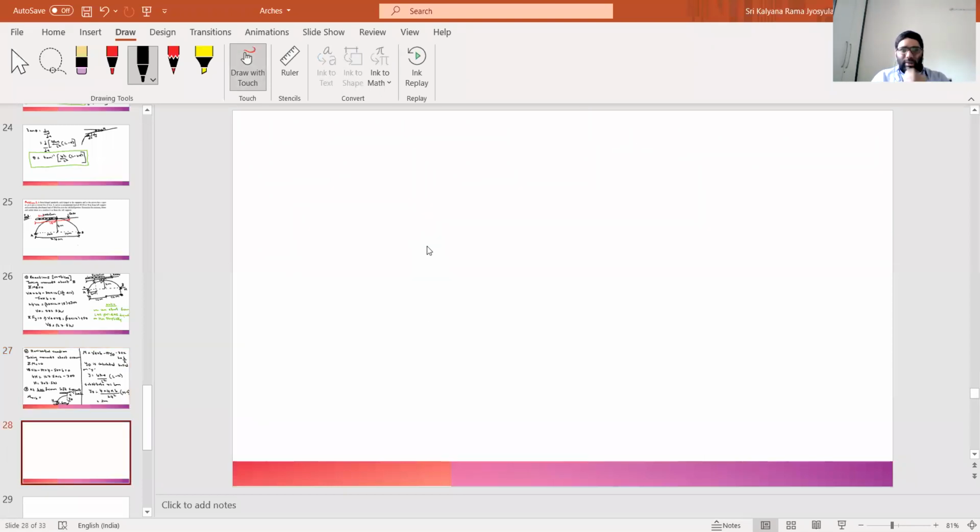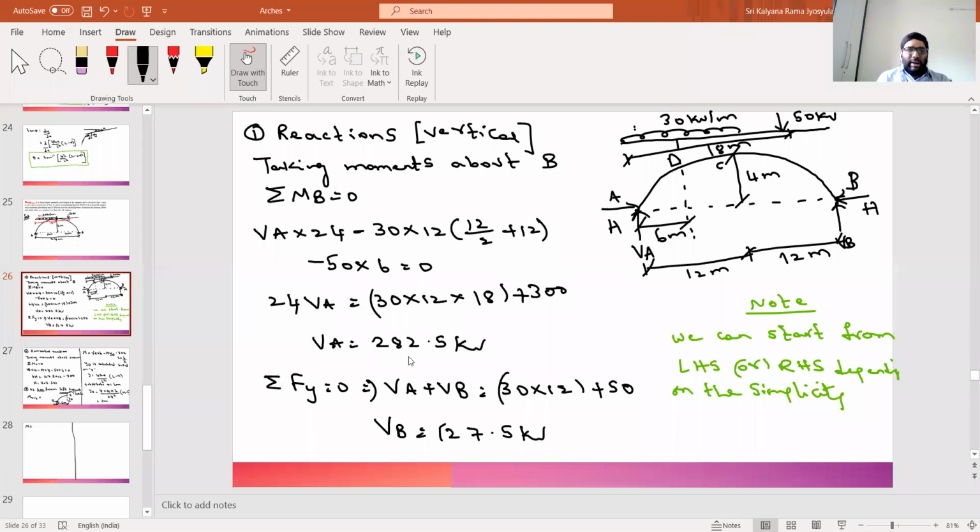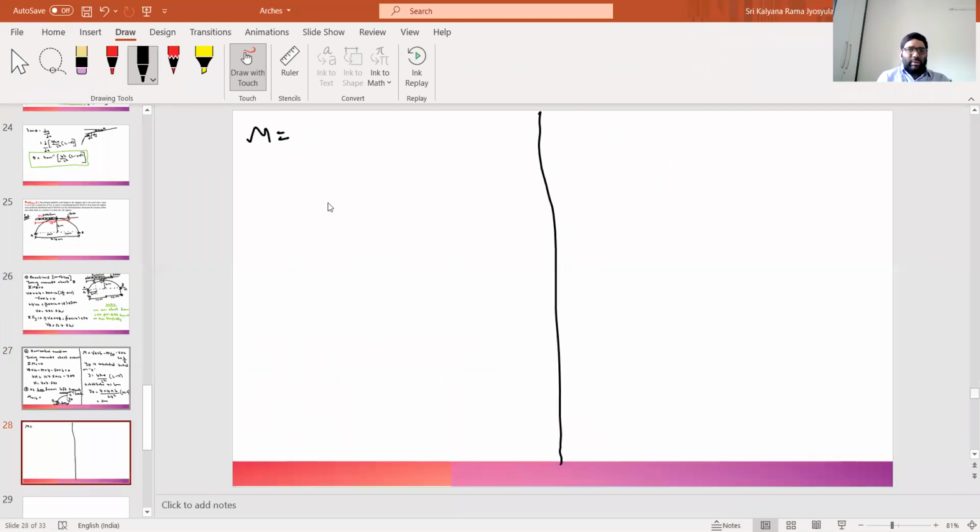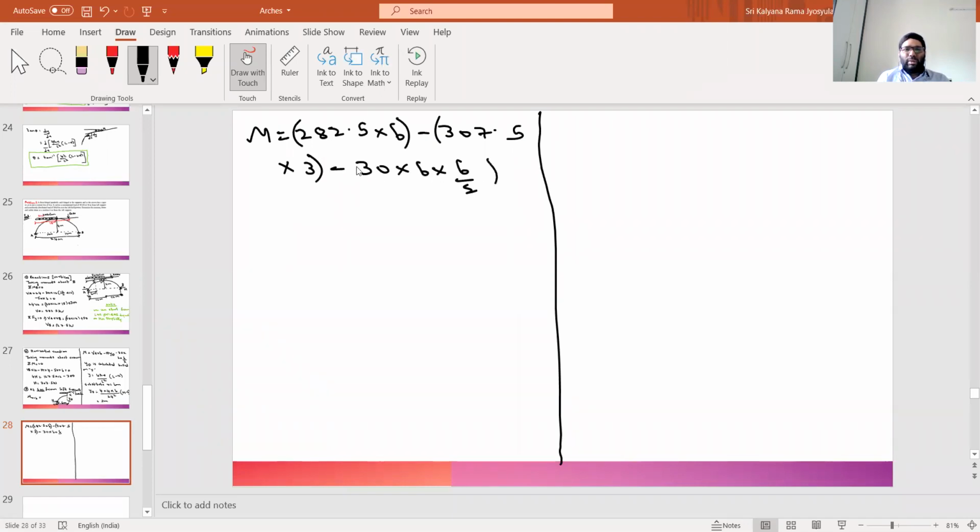Now M is equal to, what is the expression that we have just seen? V_A. How much is V_A? 282.5, and H is 307.5. So 282.5 into 6, minus 307.5 into 3, minus 30 into 6 into 6 by 2.